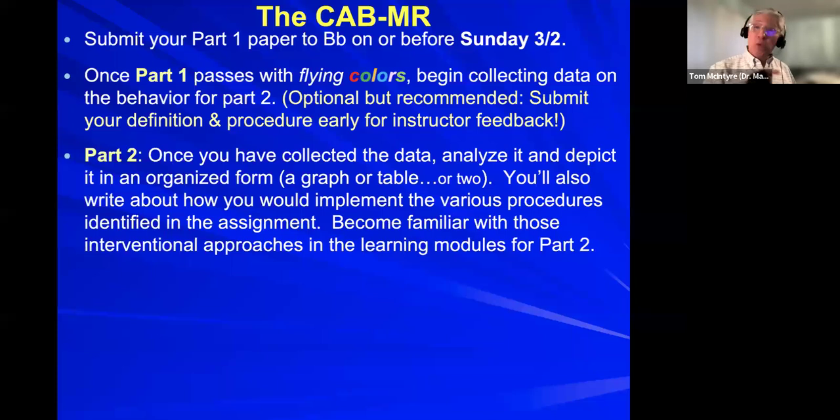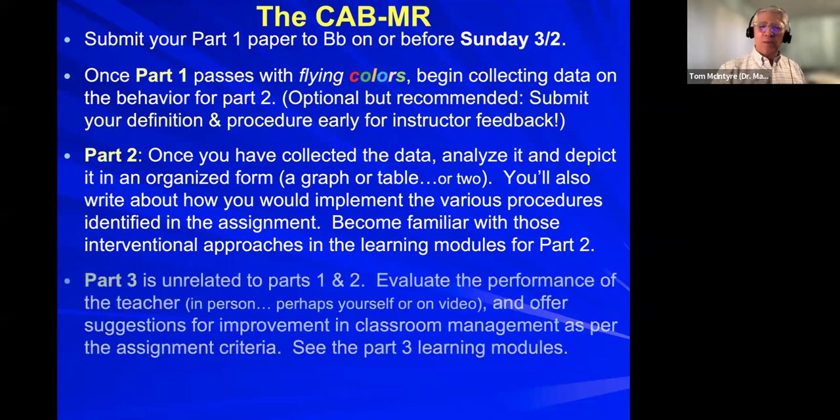Those interventions are in the learning modules for part two of the paper. You'll be looking through those learning modules, learning about certain behaviors, and then writing about how you would implement those interventions for your focus learner.